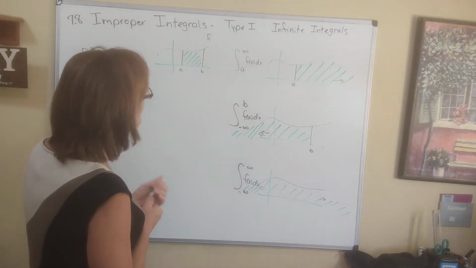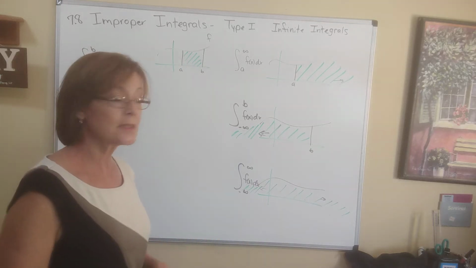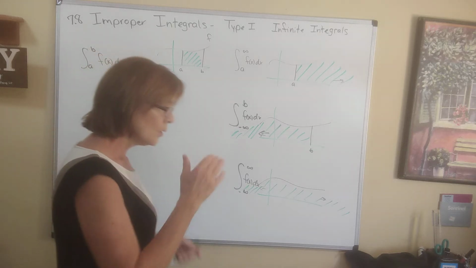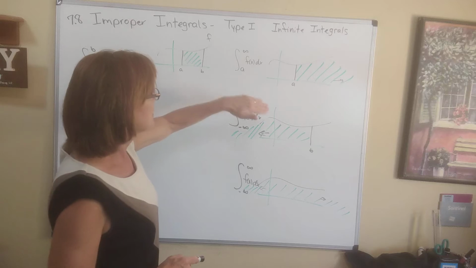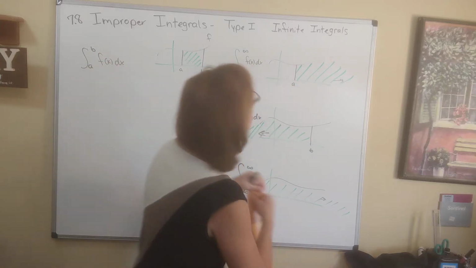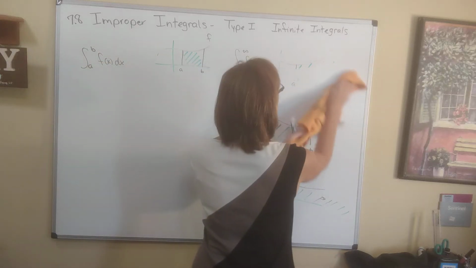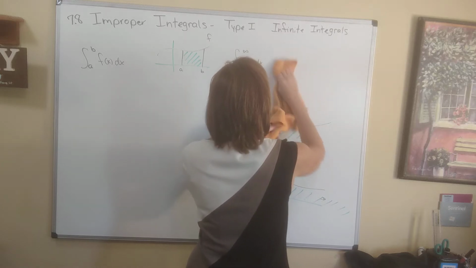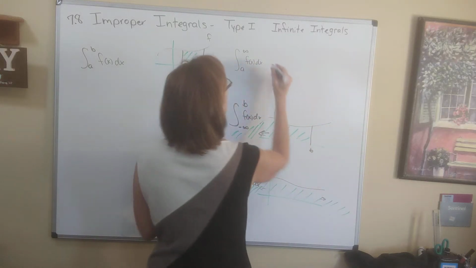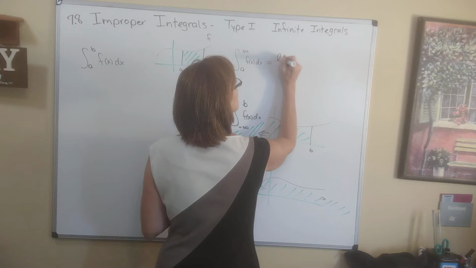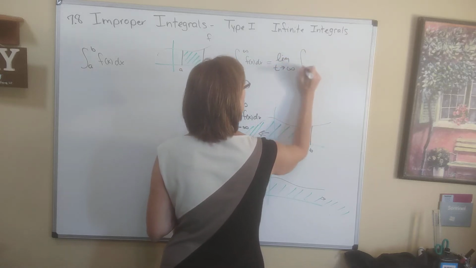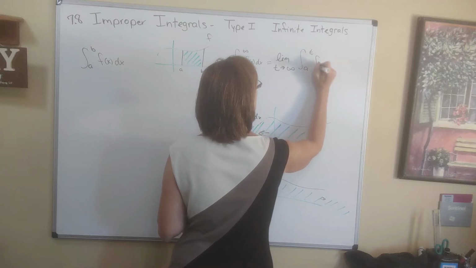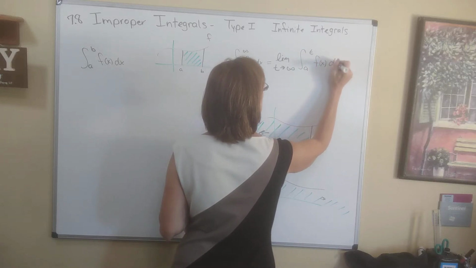So, the way we handle this is with infinite limits. We can rewrite this integral into an infinite limit like this. We will consider this to be equal to the limit as t approaches infinity of the integral from a to t of f of x dx.